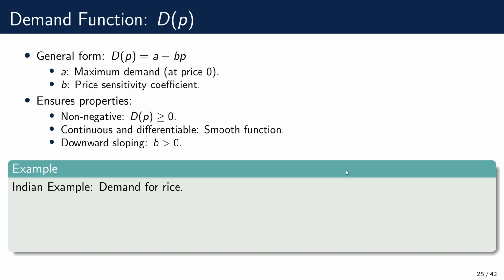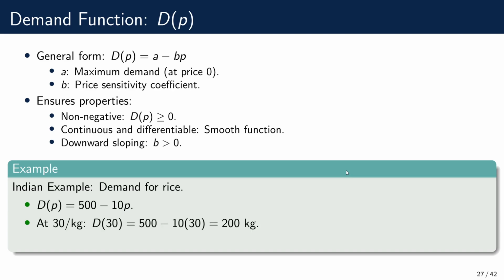Example: demand for rice. The function looks like this: D equals 500 minus 10p. This can be interpreted as, let's say, at 30 rupees per kg, the demand D(30) equals 500 minus 10 into 30, which equals 200 kgs.